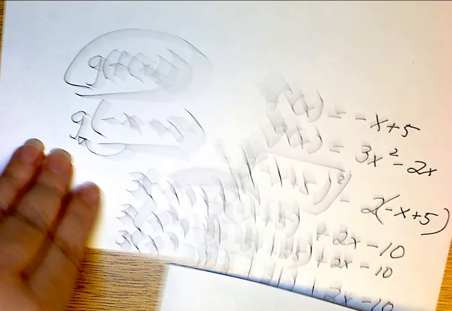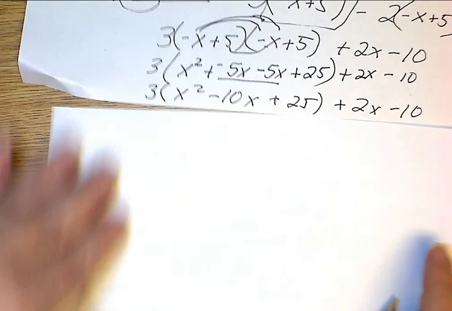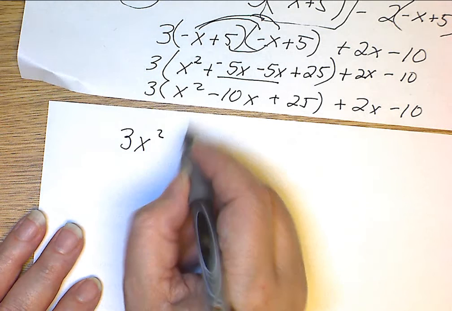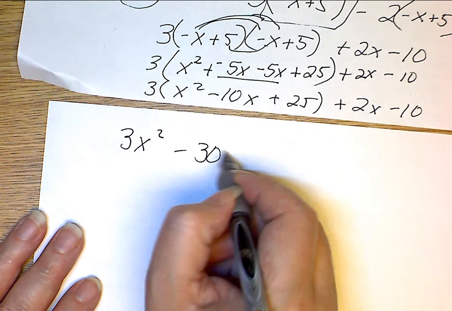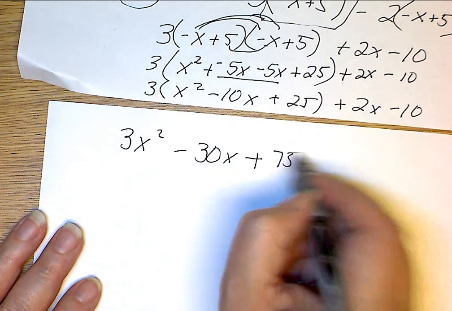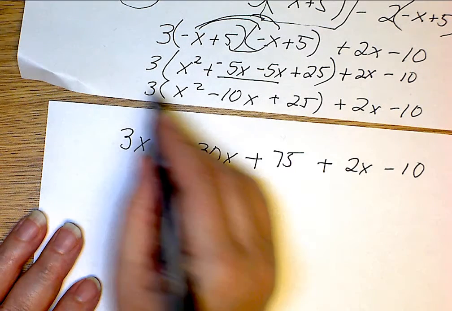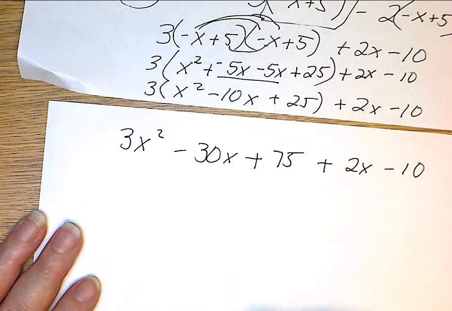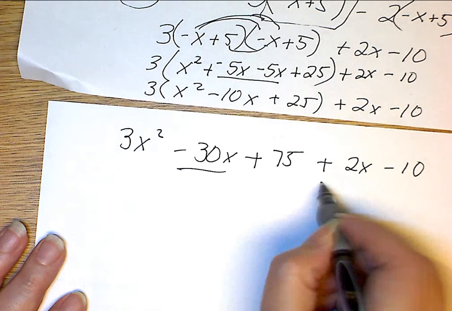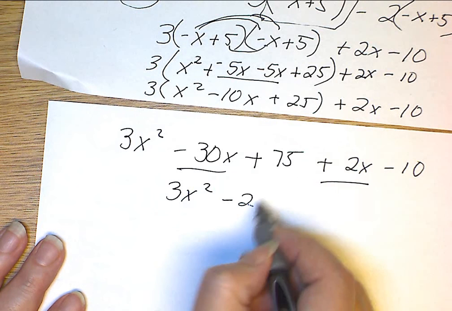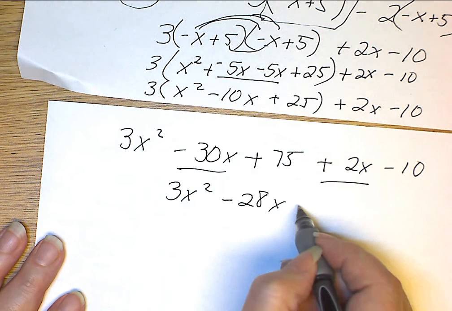So we have 3x squared, because I'm distributing, minus 30x plus 75 plus 2x minus 10, because you distribute it all the way to that one, right? You plus the 2x plus the negative 30. So we got 3x squared minus 28x plus 65.